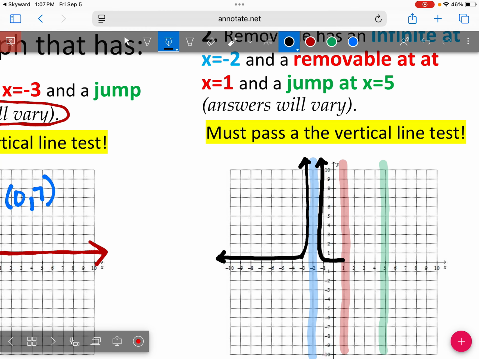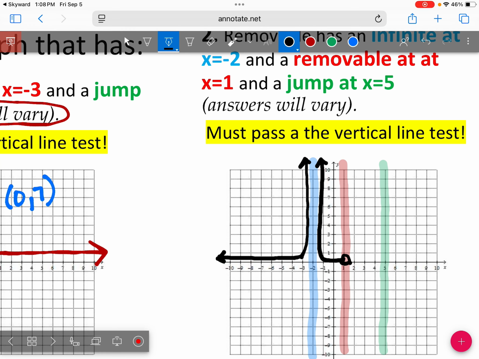Okay, so we have a removable, and the removable is going to happen at x equals 1. So when I get to this point, I'm going to put a closed circle here. No, sorry, not a closed circle. An open circle has to happen right there at the 1. It's a removable. Removable, both sides will touch it.